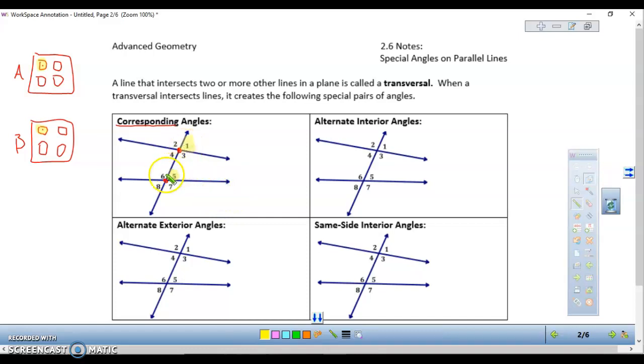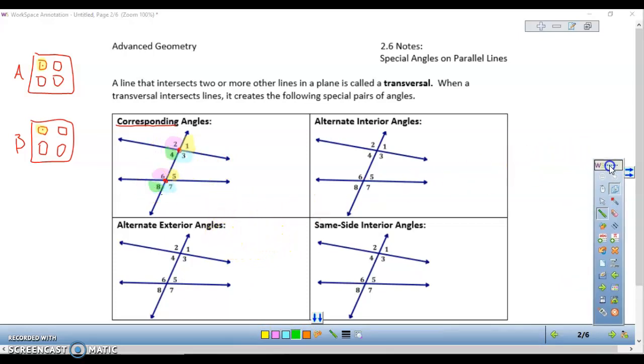It's different intersections along that transversal, angles in the same location relative to that intersection. For instance, angle 2 is in the top right corner of this intersection, so it would correspond to angle 6. By following that logic, angle 3 would correspond to angle 7, and angle 4 would correspond to angle 8. Those are corresponding angles.